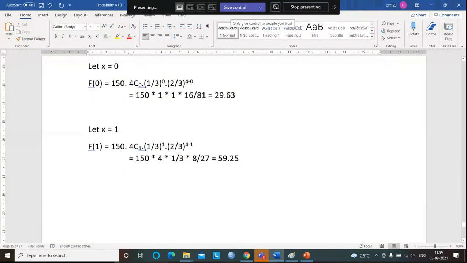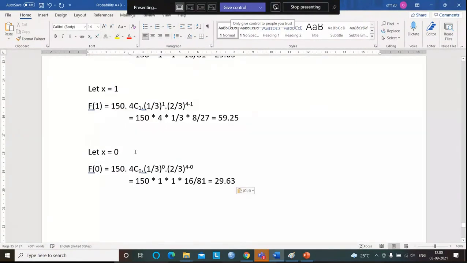Now next, similarly, let us substitute x equal to 2. Sir, how many values do we have to continue? See, we were given x values ranging from 0 to 4, so we do the calculation up to the fourth value only.